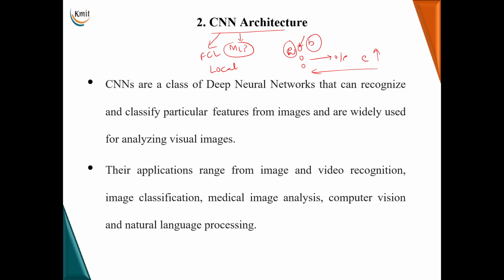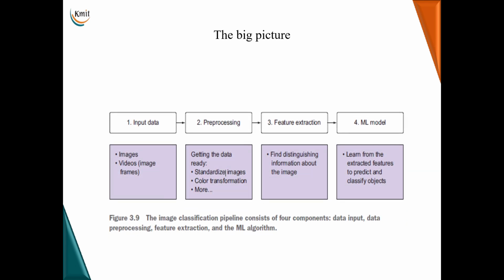So let us have an overall conceptual understanding of how these neural networks function and how different components interact to achieve the desired outcomes. Let us look into this computer vision pipeline process, which we have already done. We have input data, pre-processing, feature extraction and machine learning model. Before the development of deep learning, this step of feature extraction was done manually and some machine learning algorithm was used to classify the image, either for a classification problem or a regression problem.